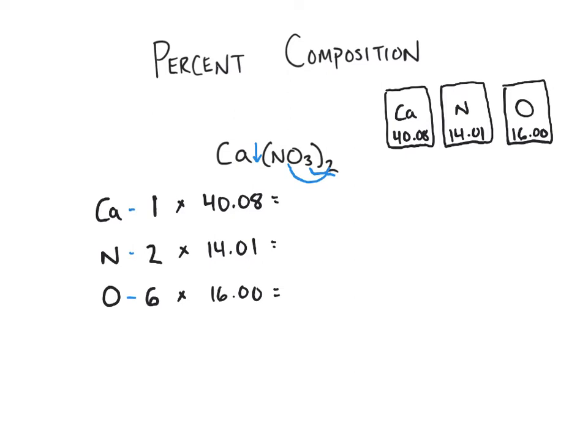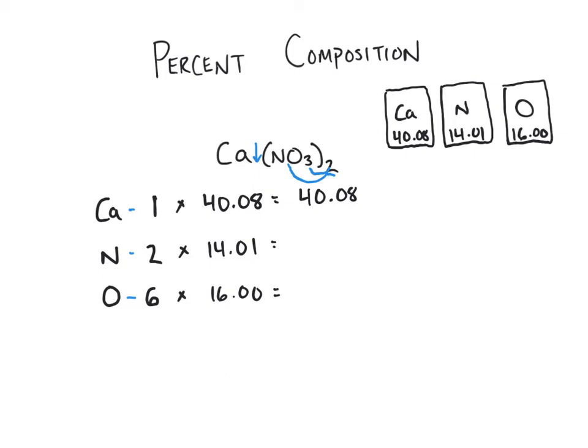Okay, so when we calculate this, it's going to give us the mass of each element that we're going to add up and find the molar mass of, excuse me, not the atomic mass, the molar mass. So when we do the math, this is 40.08. This is 14.01. Oh, excuse me, look at that, and now I'm screwing up. Got to multiply it by 2, so 2 times 14.01.